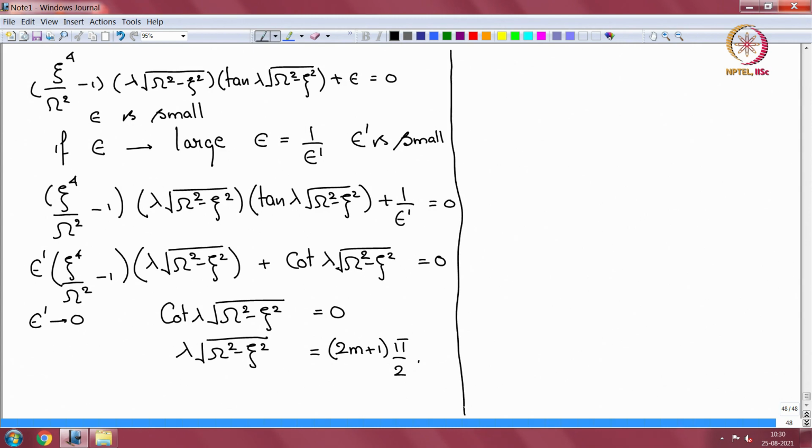Now, let us say if m is 0, then I have lambda square root of omega square minus xi square is equal to pi by 2, okay, which means my xi square is equal to omega square minus pi square by 4 lambda square, okay.